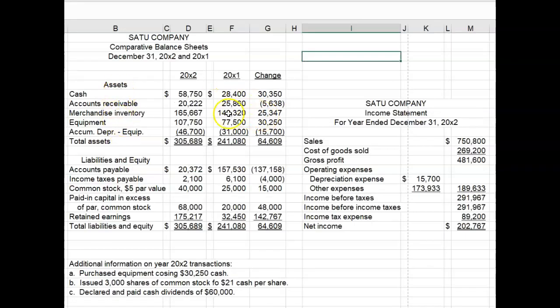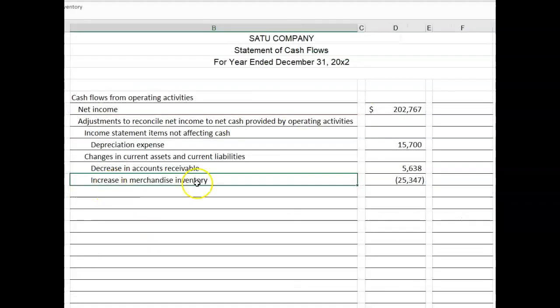This is an increase. Merchandise inventory was $140,000 and change. It's now over $165,000. Merchandise inventory increased by $25,347. And we say those exact words, increase in merchandise inventory. But then we subtract that increase because changes in current assets have the opposite effect on net income.